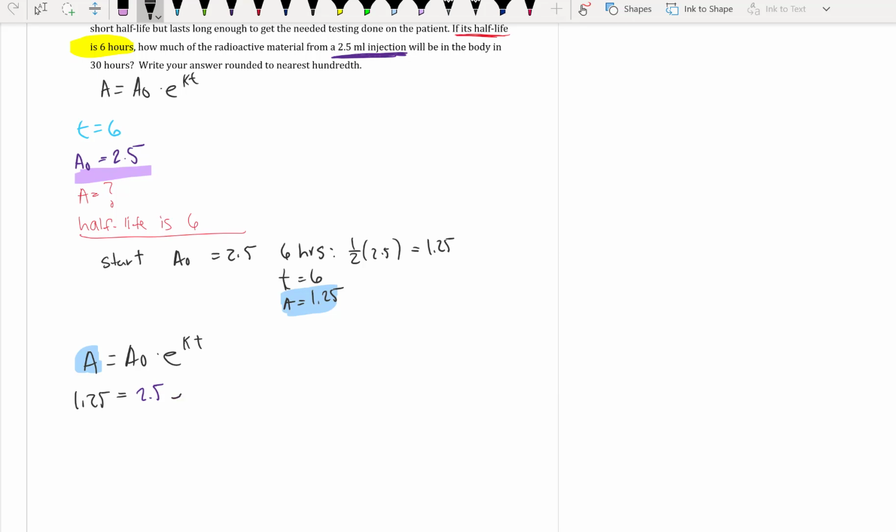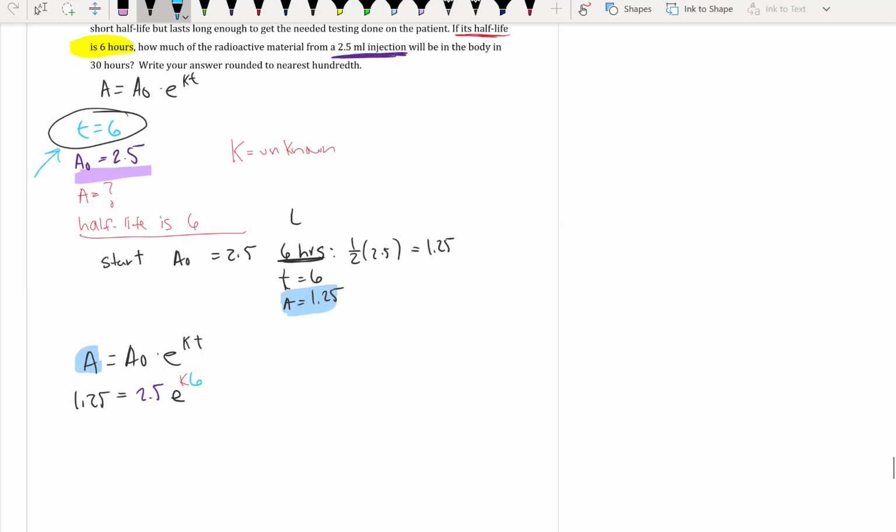It's getting multiplied by e. K is unknown. So this really is the unknown that I do not have right now, so I'm going to call that k. And since it's a half-life of 6 hours, our t is equal to 6, as mentioned before.